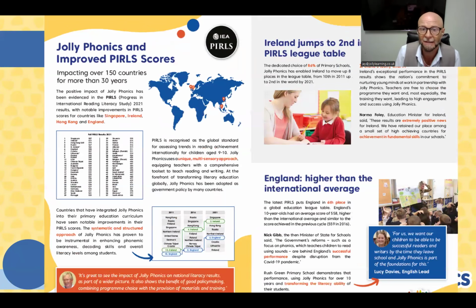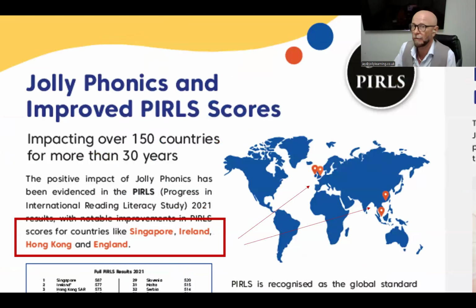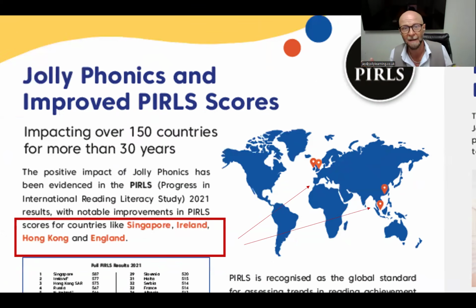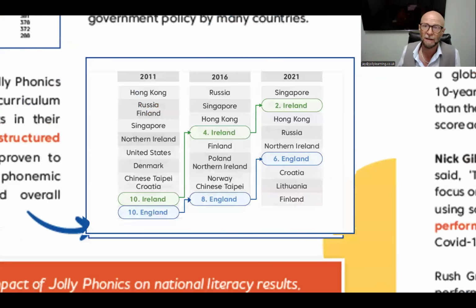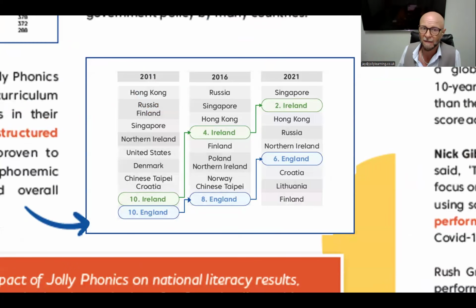Now, specifically Singapore, Ireland, Hong Kong, and England, which are on opposite sides of the planet, geographically as far apart as you can get, really. However, they've all been using SSPs, and you can see that their literacy levels are rising and rising and rising. So Ireland being number 2 under Singapore in the last 5 years.